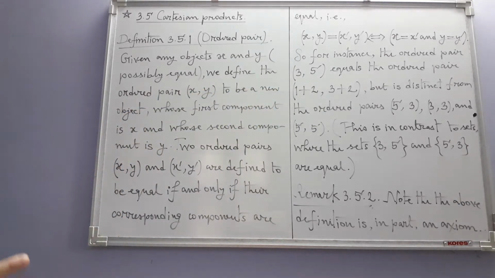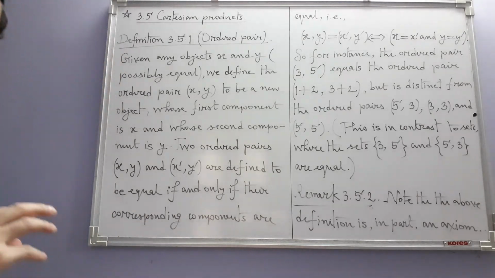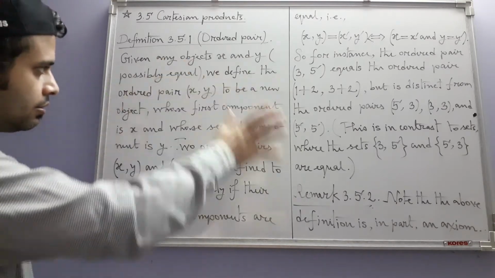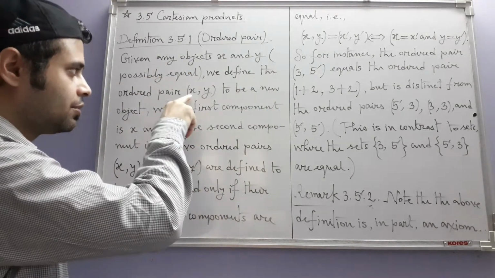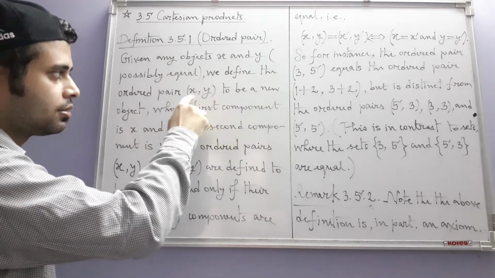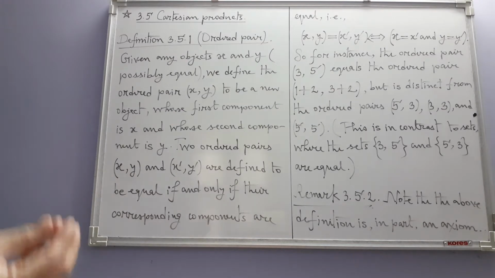It is somewhat like defining a function. If you remember, in this treatment of functions that comes under set theory, we define functions to be a new type of object. So something similar has happened here. Given two objects x and y, we have defined their ordered pairs to be a new type of object that we are introducing in our set theory.